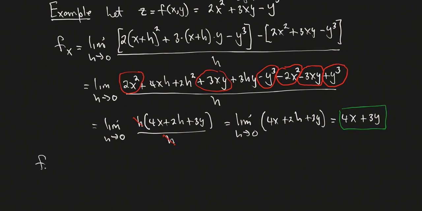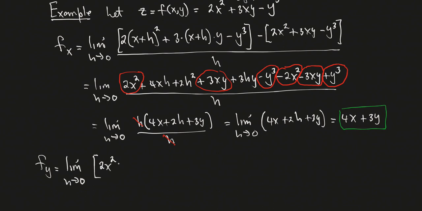All right, so let's do our partial with respect to y. Similarly, let's set up our difference quotient, and when we're finding our first partial with respect to y, there is no change in the x. So the first term in the numerator of our difference quotient will be f of x comma y plus h. So wherever there's a y, now I have to replace it with the quantity y plus h. I'll use the square brackets so we can see it clearly.